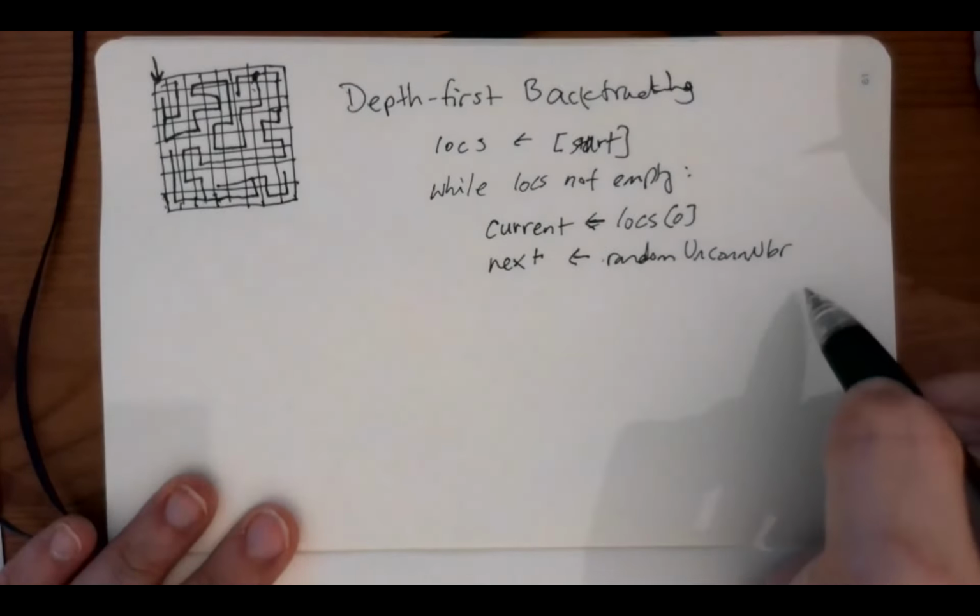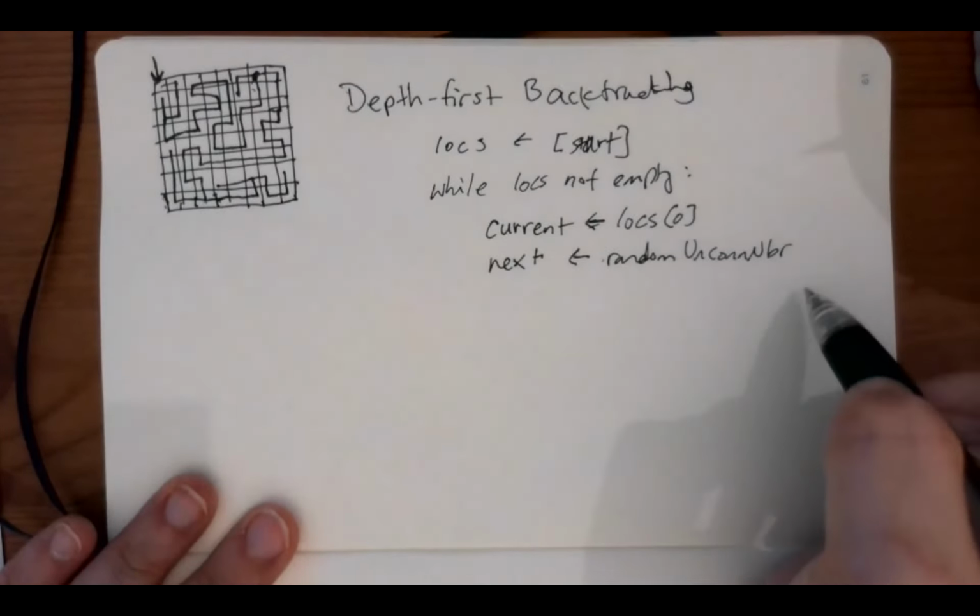So if next, then we go ahead and continue by pushing that next value onto our stack of locations. So this data structure here, we're assuming is a stack. So we're just going to push our next value and then continue when we do the next iteration through the loop. Now this very last value that we pushed is going to be at the top, and we're going to work on that next. Okay, so that's the idea.